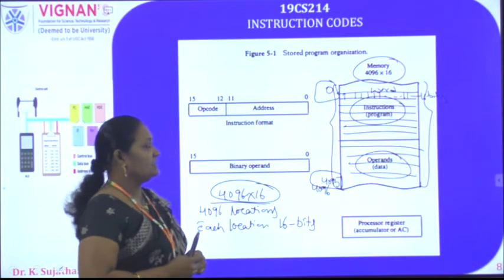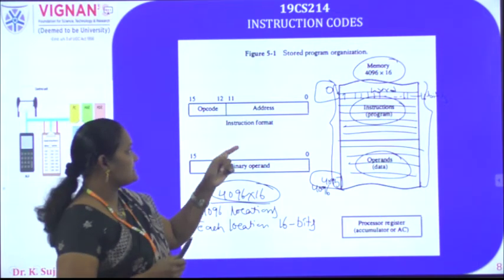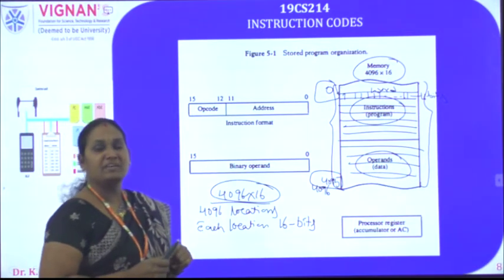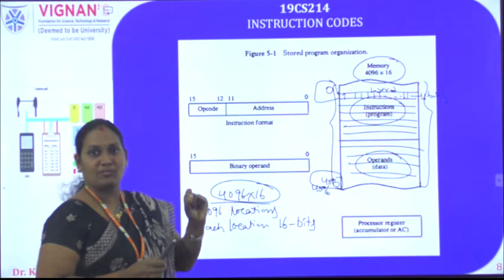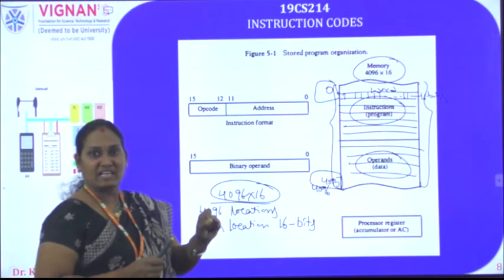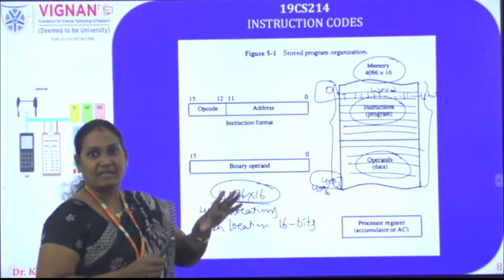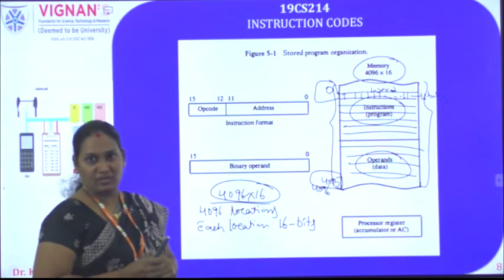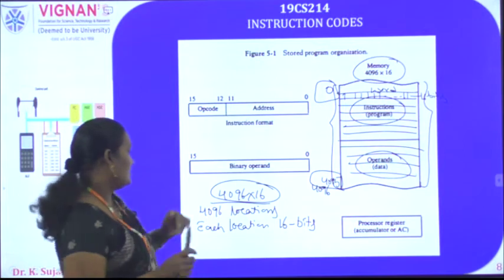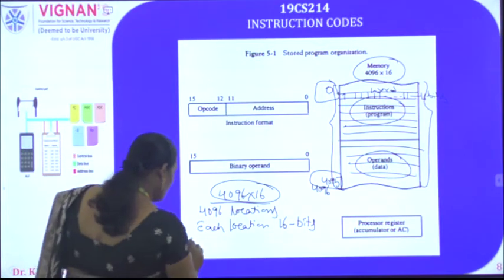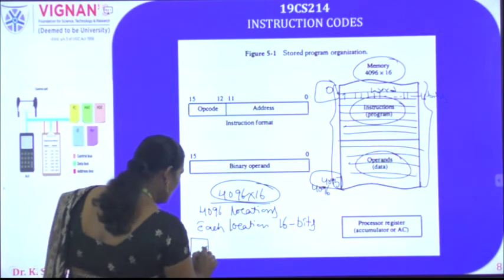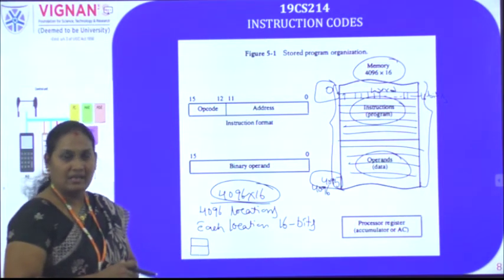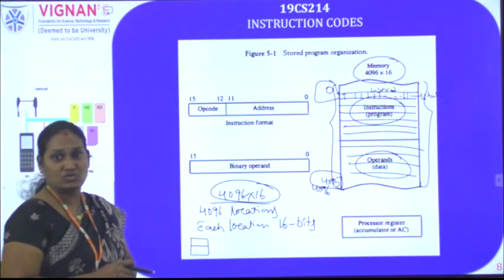Now, for accessing the instruction or the data from memory, we need to represent the address of the memory location in which that particular instruction or data is present. How do we represent the addresses of memory locations? That we need to know. Suppose your memory contains only 2 locations.